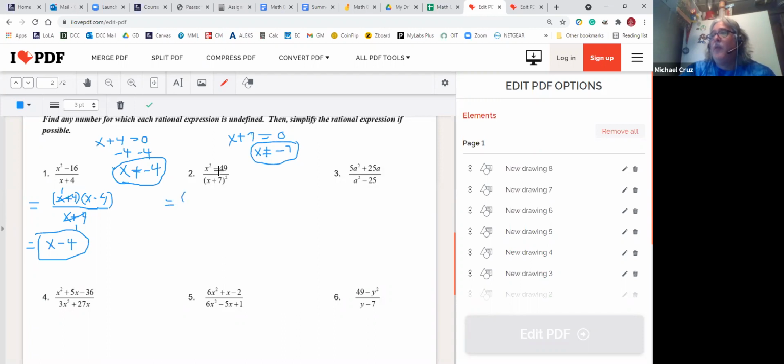Then up in the numerator, that's x minus 7, x plus 7. And now in the denominator, it's already factored in a way, but let's just go ahead and write it out fully, because that x plus 7 squared just means x plus 7 times x plus 7.